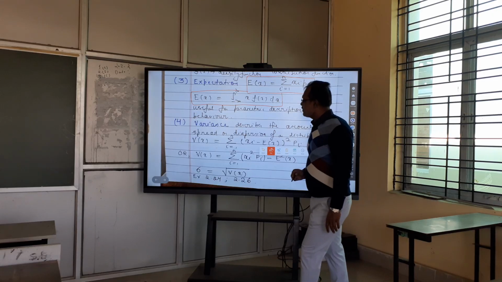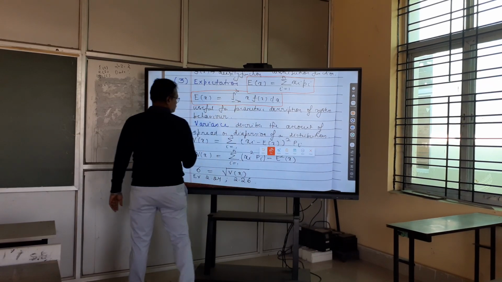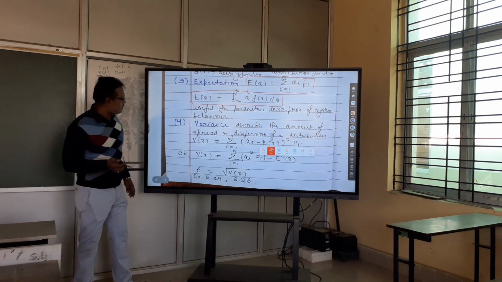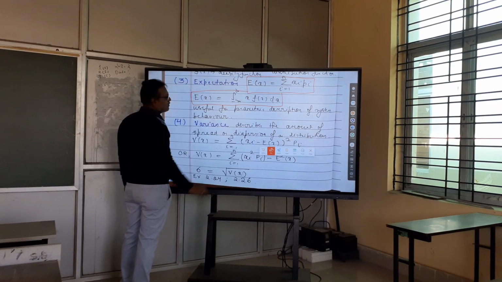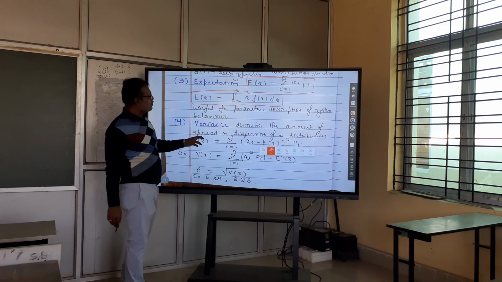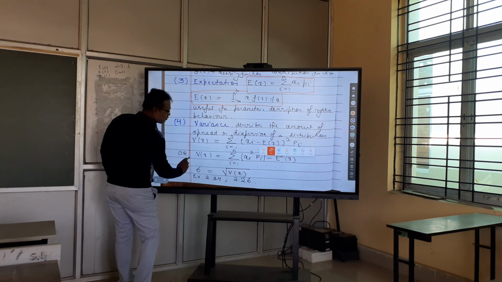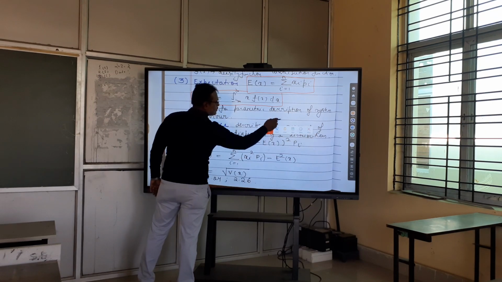Similarly, the variance describes the amount of spread or dispersion of a distribution around the mean, as we have seen in the last subject. The variance formula is given by this.